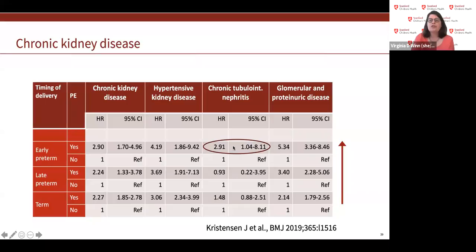For the chronic tubular interstitial nephritis, this was actually only seen in the earliest onset, and glomerular and proteinuric disease, again, very much showing a dose response in terms of earlier onset of hypertensive disease with development of glomerular or proteinuric disease.